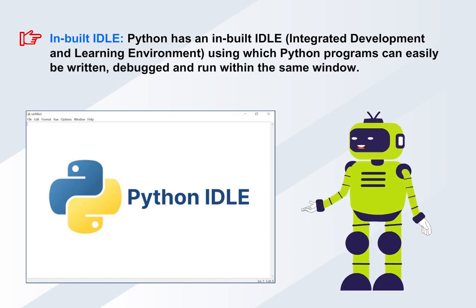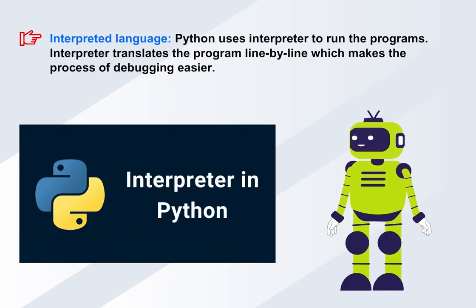Python has an inbuilt IDLE, integrated development and learning environment, using which Python programs can easily be written, debugged, and run within the same window. Interpreted language. Python uses interpreter to run the programs. Interpreter translates the program line by line, which makes the process of debugging easier.